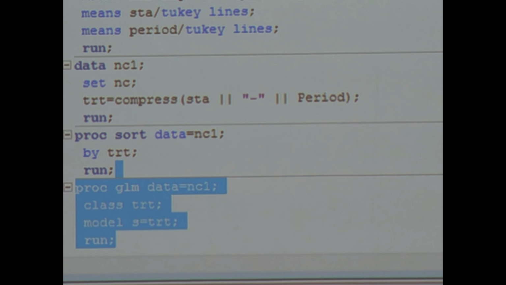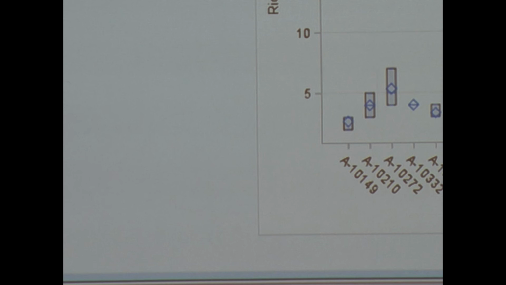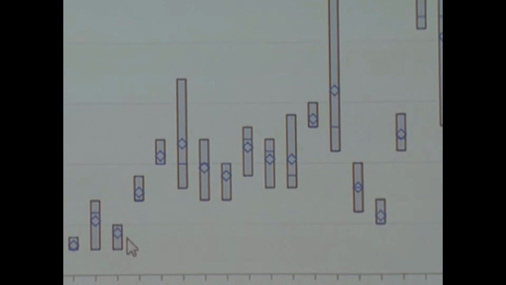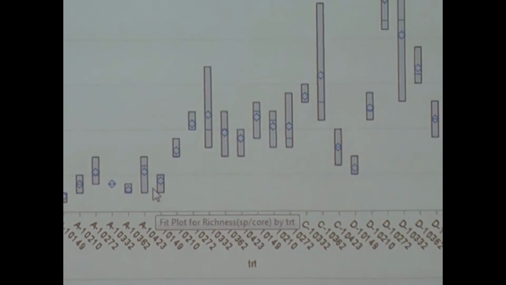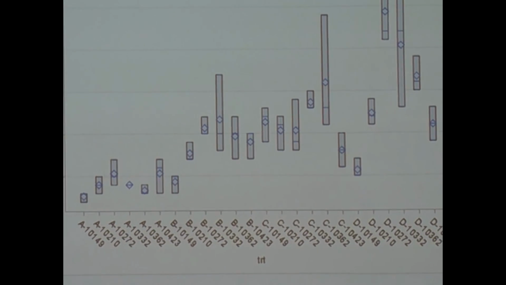And this is a good example of a lot of times I run these first because I don't know what's going to happen here. And you can even see here, all of these A's look really different from these other ones.